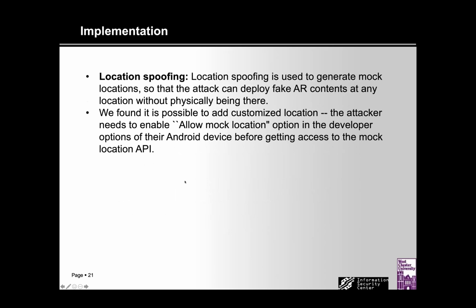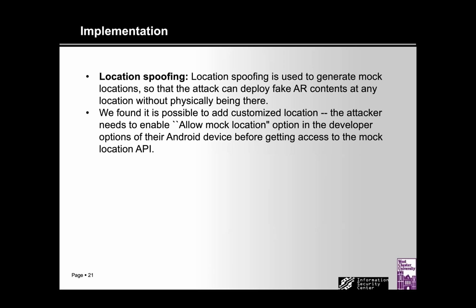So for location spoofing, there are multiple ways to do this. Because we just try to do this as a proof of concept experiment, we choose to use the Android system's developer options: once you enable them, you can enable allow mock locations on these Android devices.